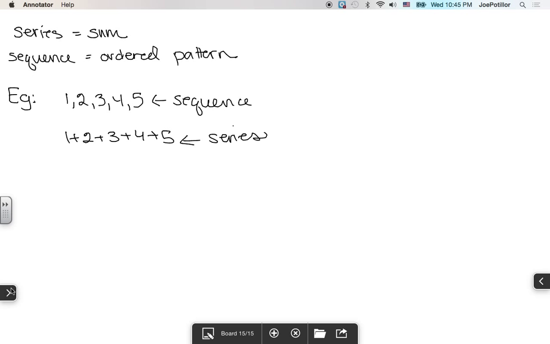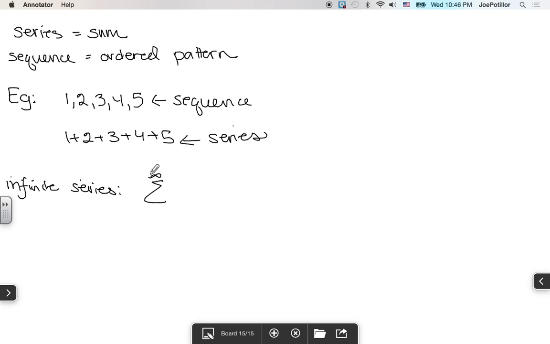Before we do an example, one more thing to express is an infinite series, which is expressed like this.